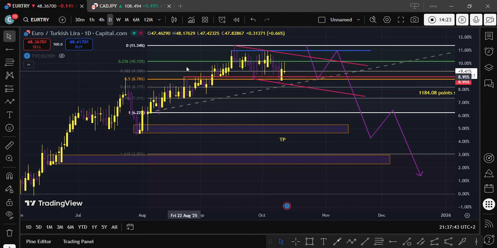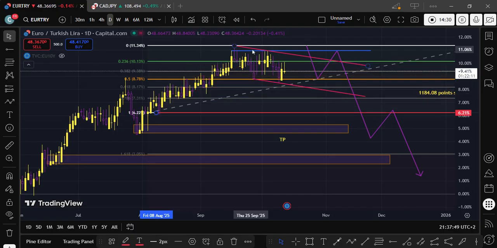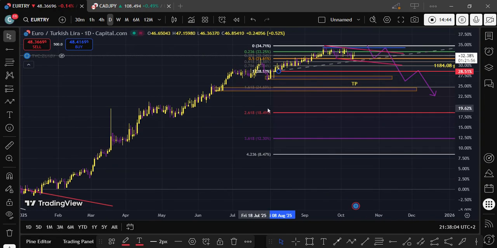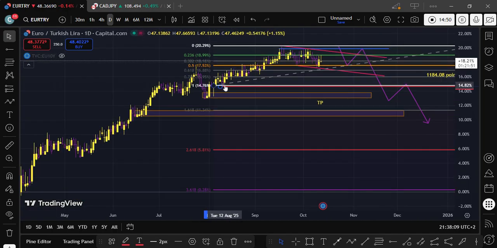I'll be moving my stop loss lower and lower to prevent the market from taking me out. So we have our first touch here, our second touch here. This is the third touch that I believe if we go all the way up here, it might break us below this low so that we can take profit. But I have two take profit options. The first one is here and the other one is down there.